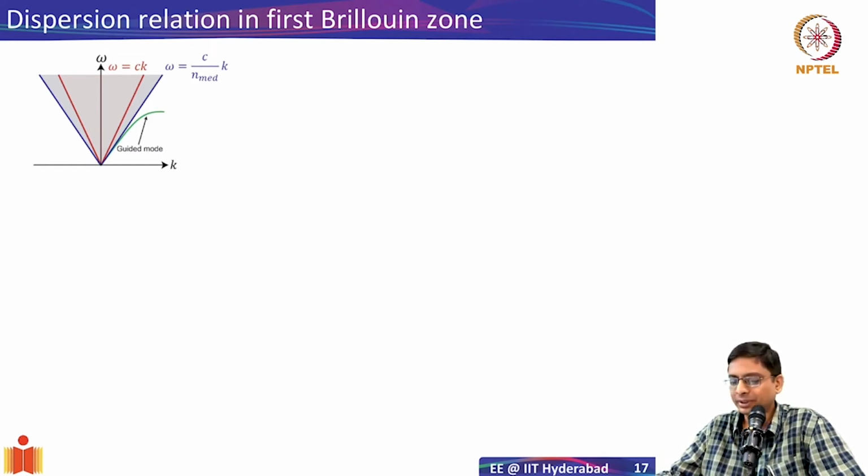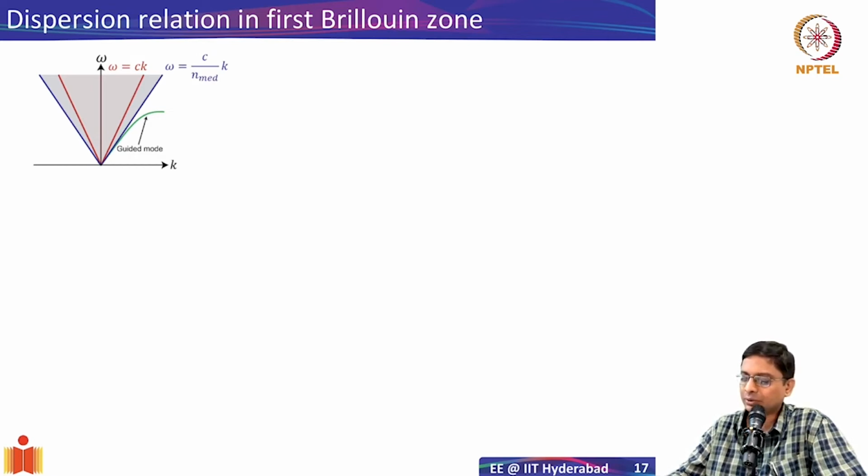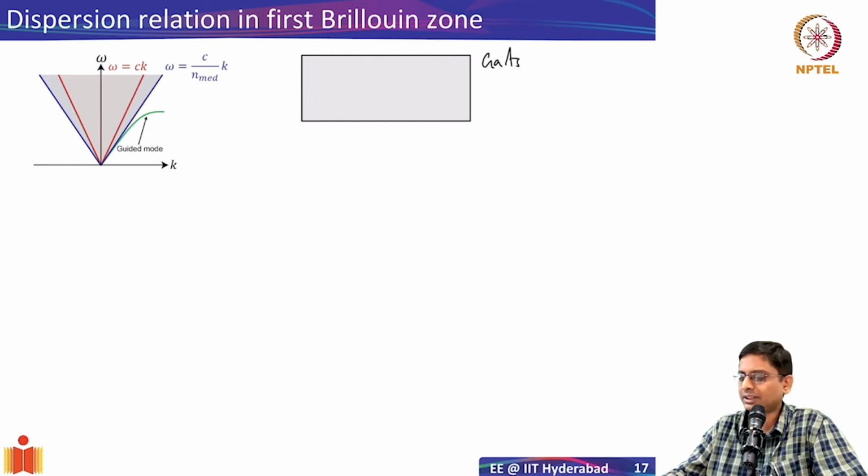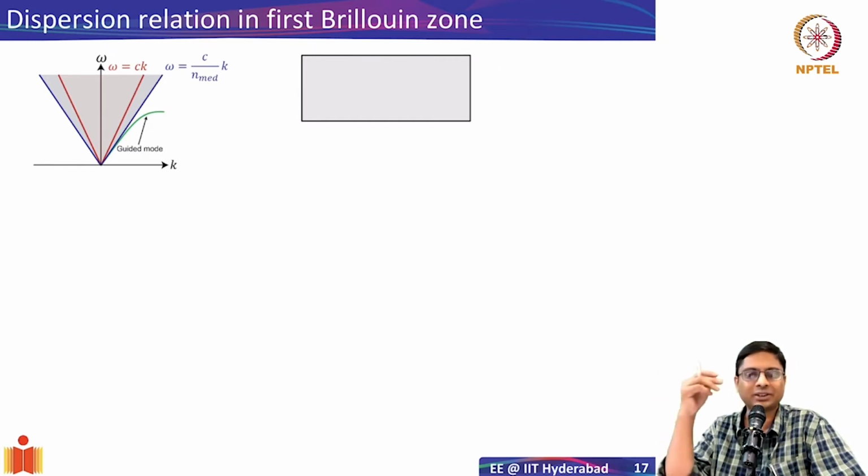What is an inhomogeneous medium? That would be something like this. Let me consider a slab like this. Let me say this is a slab of gallium arsenide of epsilon, let's say, epsilon 13 in this case. That's what we are taking in the next slides. If you have such a slab, just for analysis purposes, right now I'll introduce some periodicity in that.